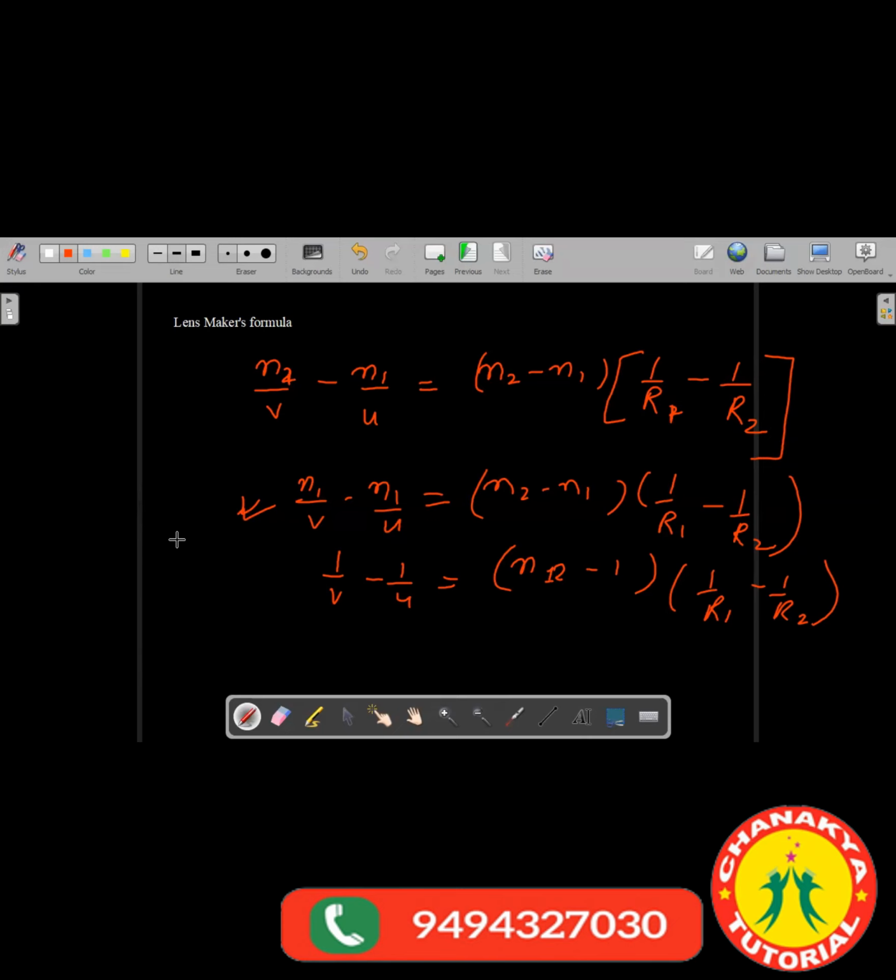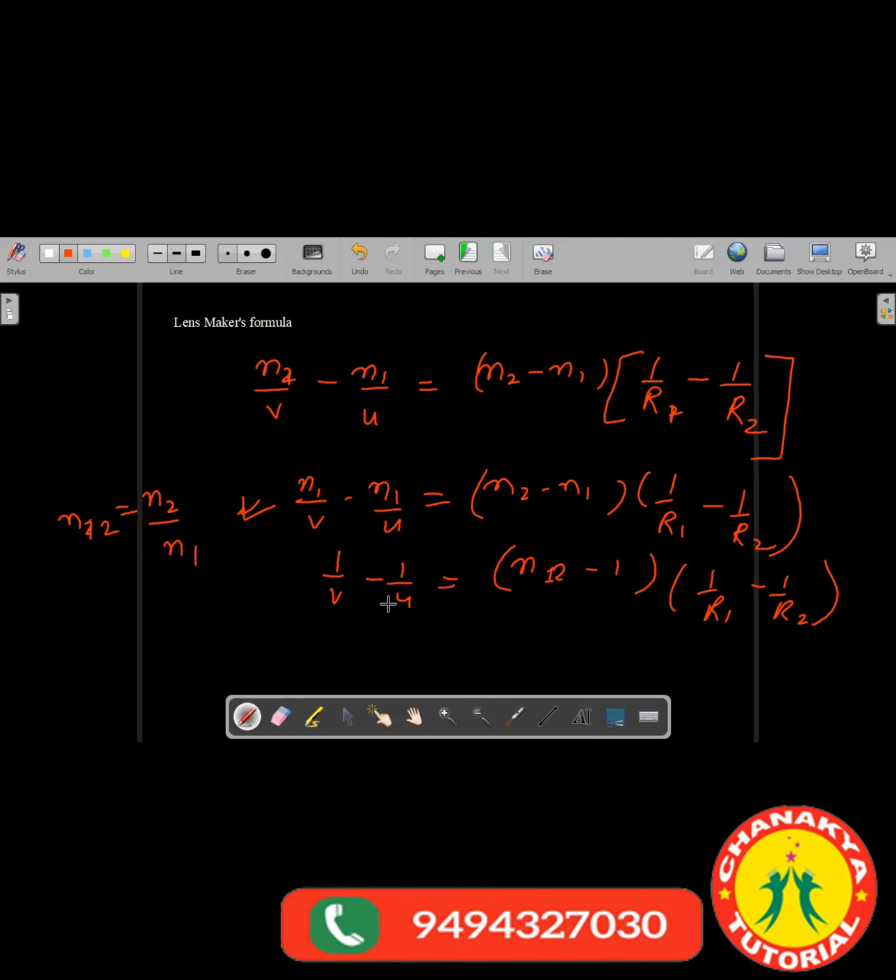Either you do it that way, or you should be well aware of how to find the relative refractive index of 2 with respect to 1. N12 can be obtained as N2 by N1. N12 means the refractive index of medium 2 with respect to 1. So find that.